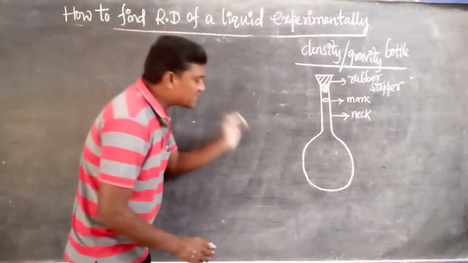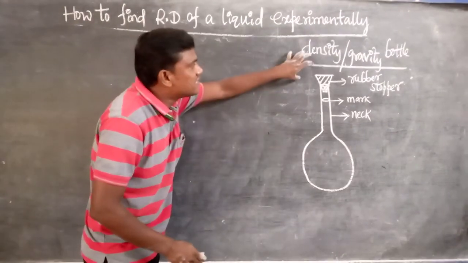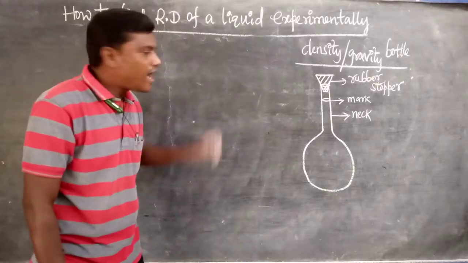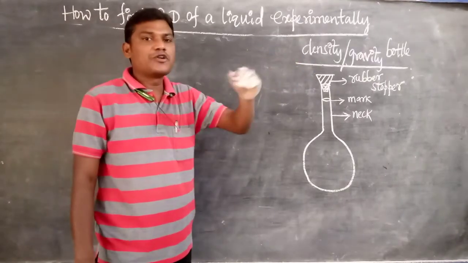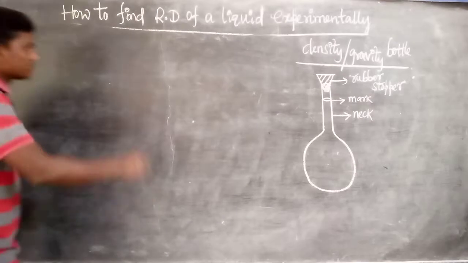First of all, we take the empty density or gravity bottle, measure its mass and note it as M1.